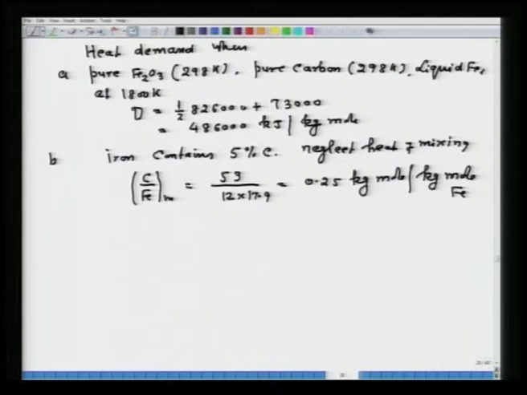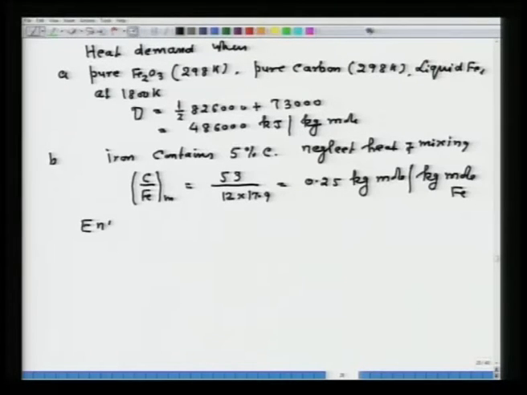Now, what we have to add on the heat demand side? We have calculated for pure iron. Now, since carbon is there, we have to add the enthalpy of carbon. So, that way it becomes the enthalpy for iron with 5% carbon. Rest conditions are same: liquid iron at 1800 Kelvin, Fe2O3 and carbon all at 298 Kelvin. All that we have to add is the enthalpy of carbon. The enthalpy of carbon is equal to 23.5 T minus 11,800 kilojoule per kg mole.